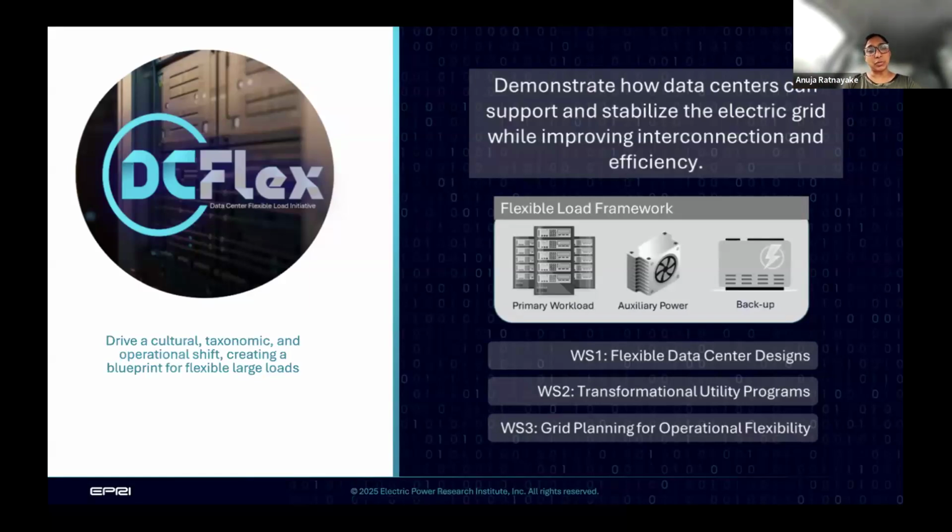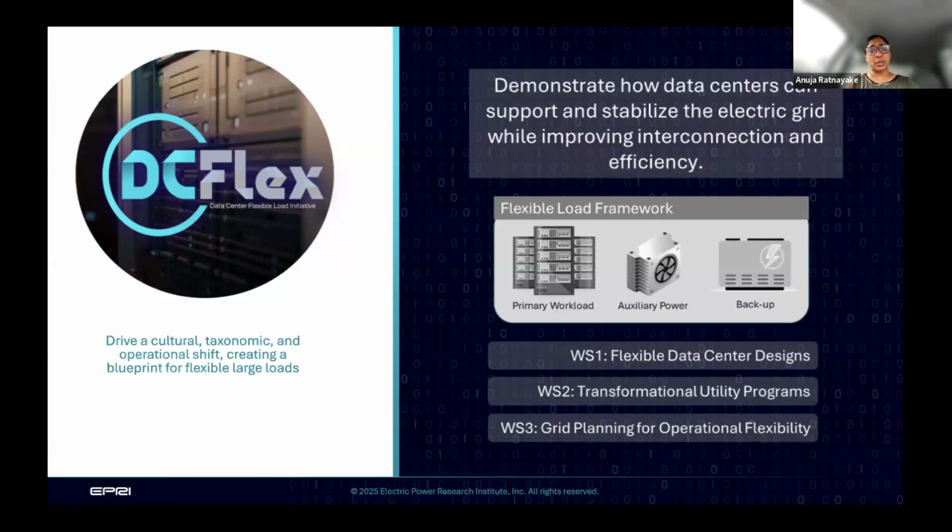Then workstream 3 is really focused largely on the utility side, to help the utilities go on this journey of how to incorporate flexible large loads into midterm and long-term planning processes. So many of you who understand utility planning very well probably think of demand response programs as either a peak solution only, or energy efficiency programs as a net reduction in the required load to serve.